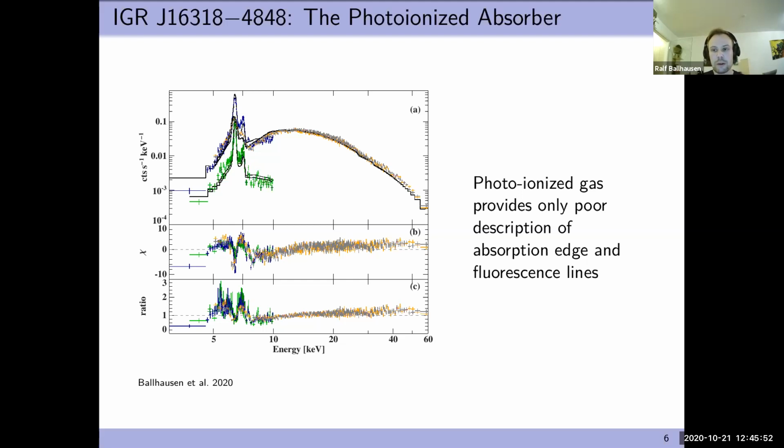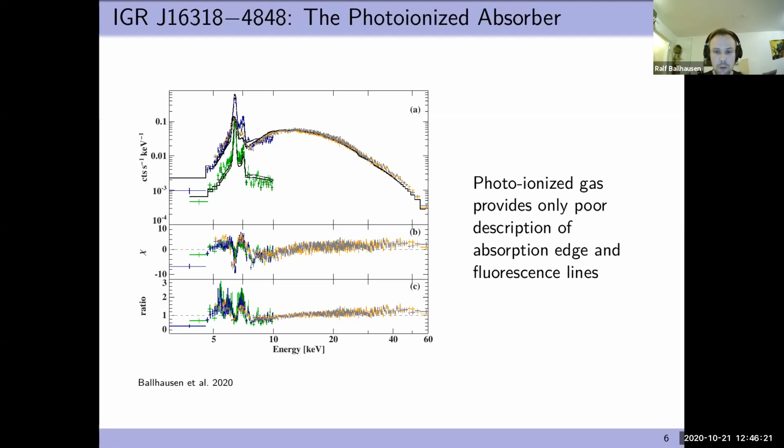And then you look at the residual line flux and try to relate these to each other, but not really model the emission and the absorption at the same time. So we used XSTAR, the XSTAR photoionization code, and ran huge sets of table models where we varied the ionization parameter and the column density, and fitted these to the data to try to reproduce these strong lines.